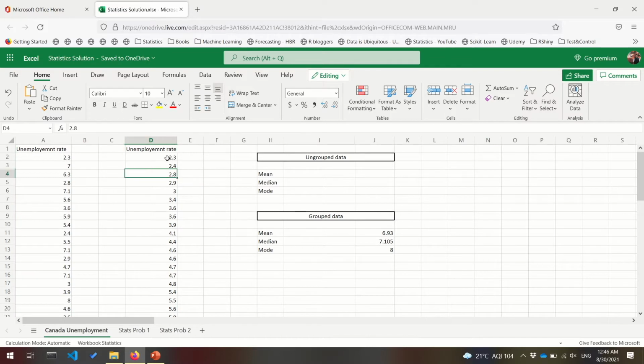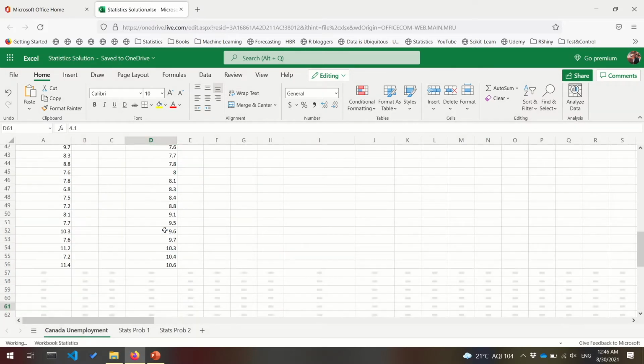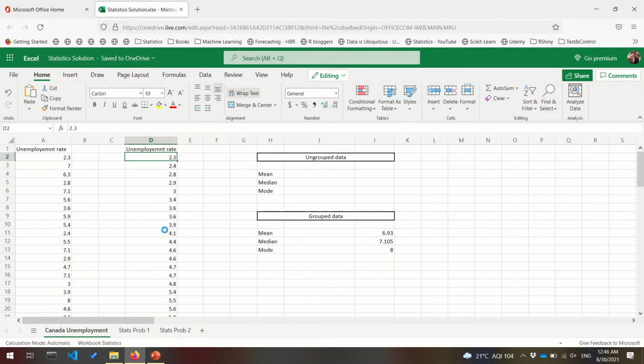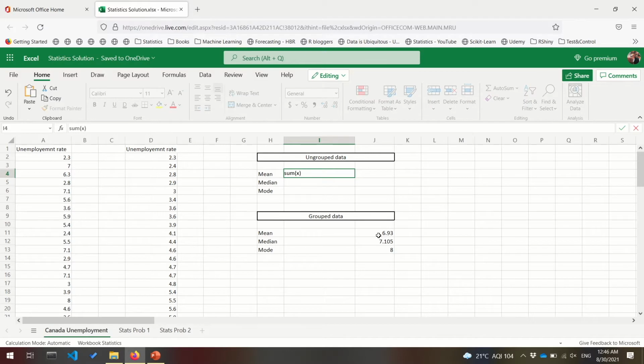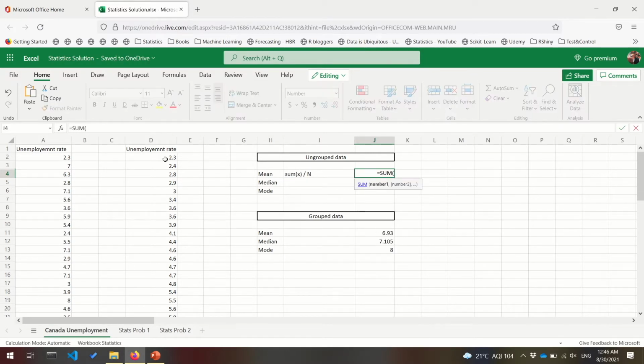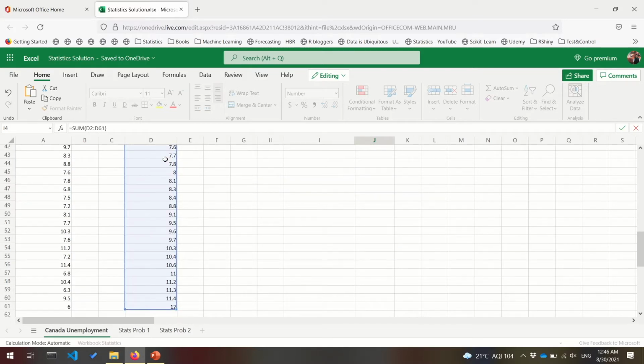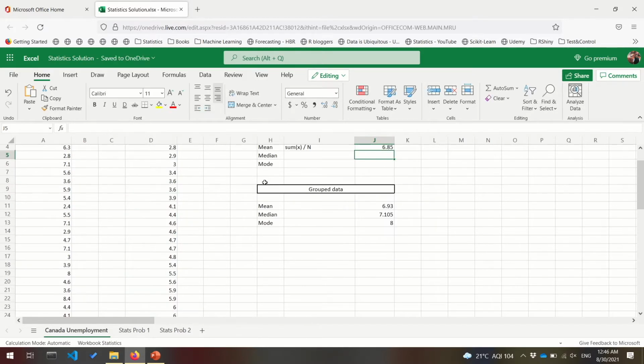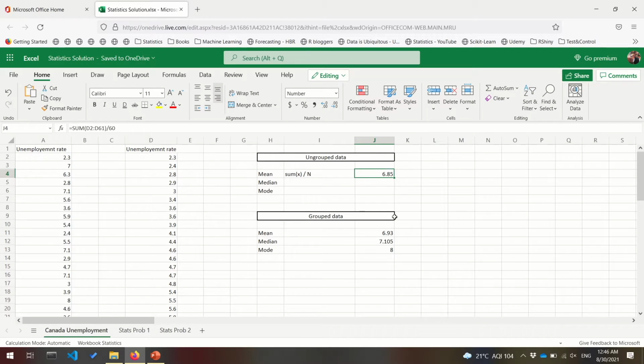Do this, and you see I have the data in ascending order, right? Like 2.3 to 12. So let's try to calculate the mean. Mean will be the sum of all x divided by capital N. So let's say sum of all x divided by 60. So mean is 6.85, which is good.